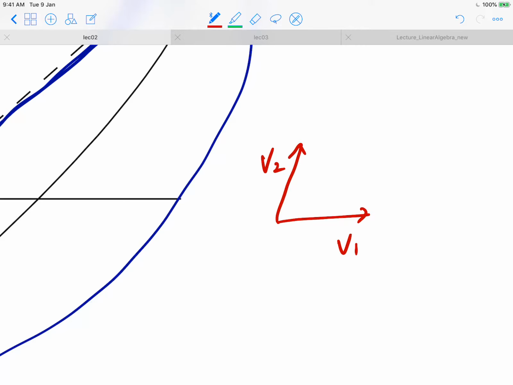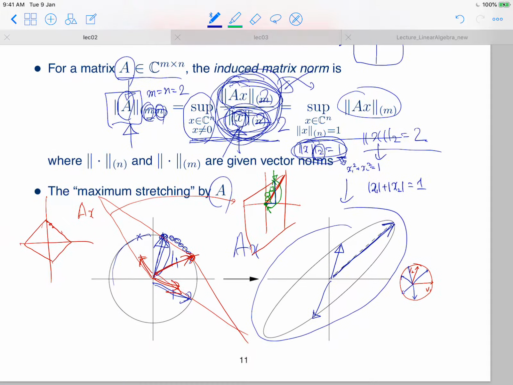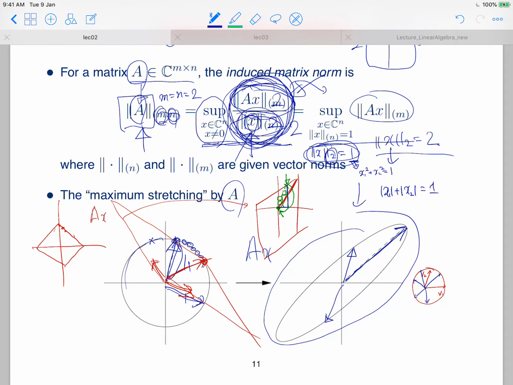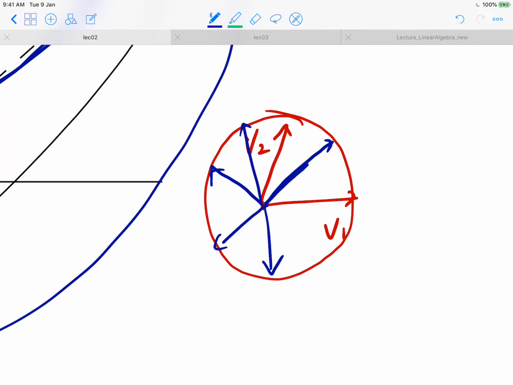Then we can imagine a circle, and from here we have the freedom to choose any vector as an input to obtain the maximum ratio between these two. This vector can be represented as a linear combination of these two, and the corresponding parallelogram will be like this, right?